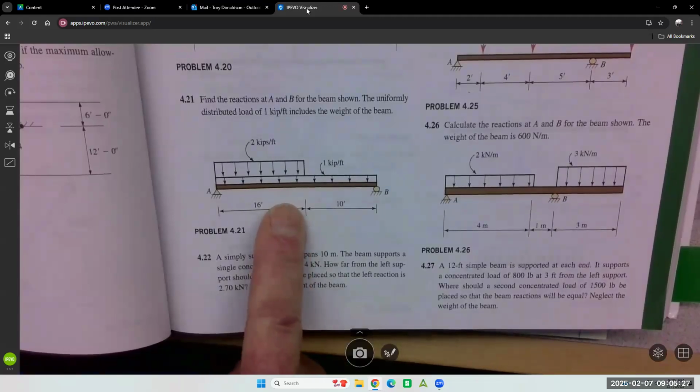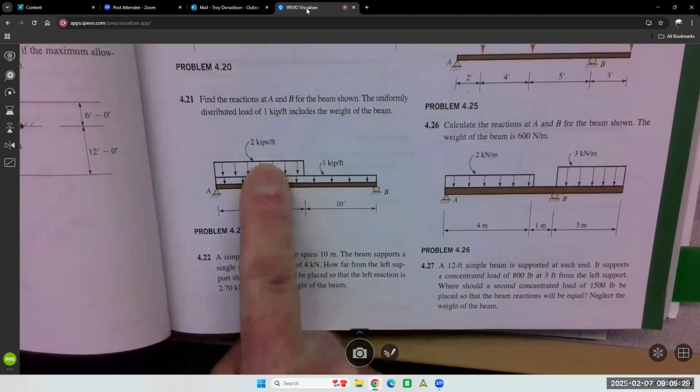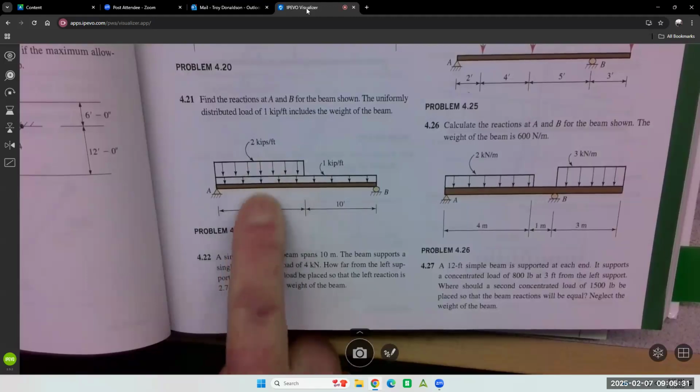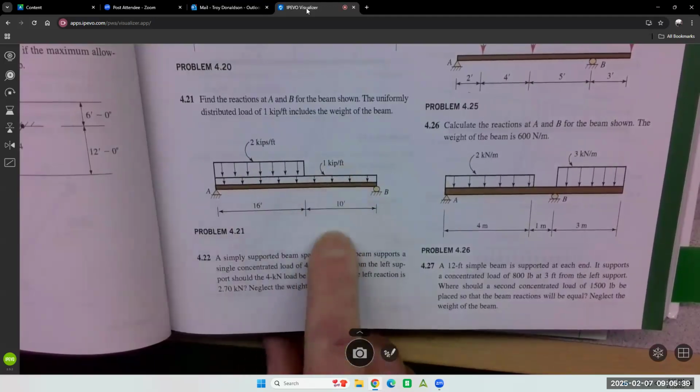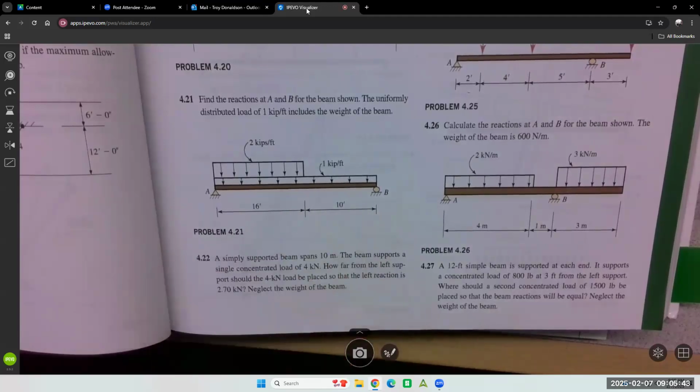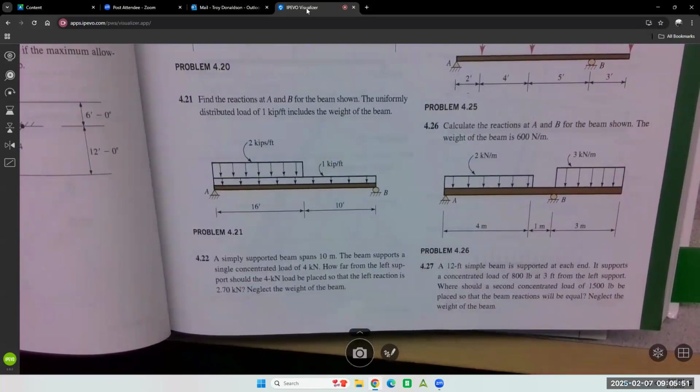So what do you do with that distribution? What do you do with the 2 kips? 2 times 16, 32 through the geometric center. How about the 1 kip? 1 times 26, 26 kips through the geometric center. Now go to work. Anytime you see a distribution, concentrate it.